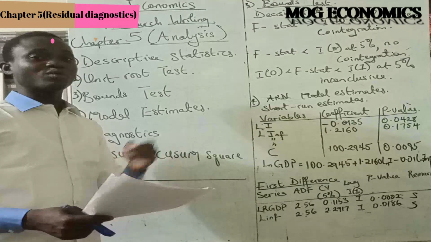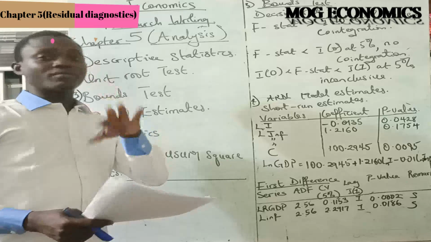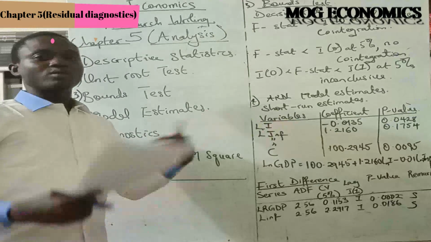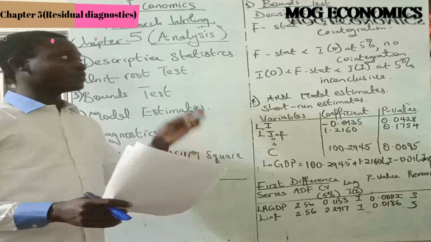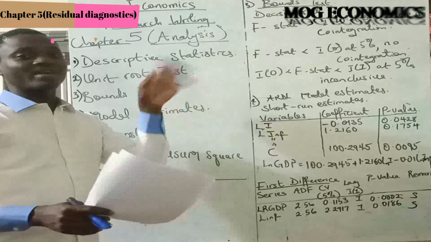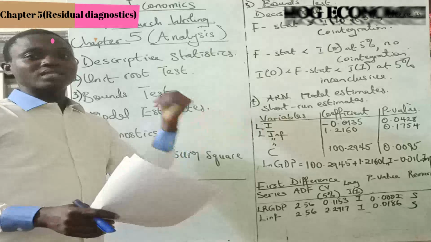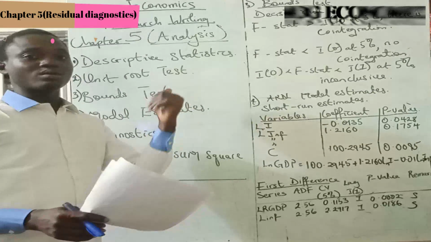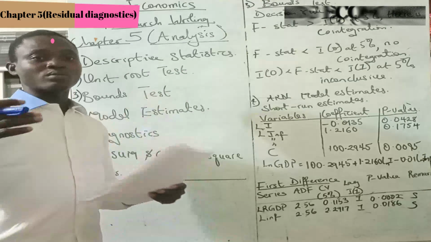By the time you use EViews to run your bounds test, which is under your coefficient diagnostics, the results are displayed with the F stat right on top, maybe 6.5 or whatever value it is, and you're going to have your critical values at 1%, 5%, and 10%. Your critical values are going to be under I0, which is the lower bound, and I1, the upper bound.